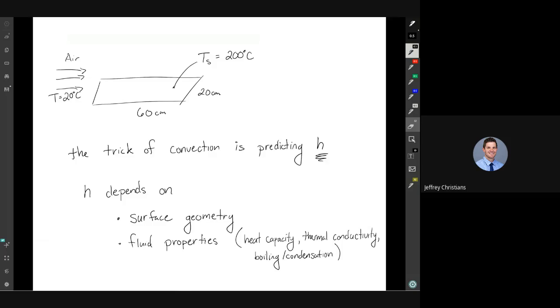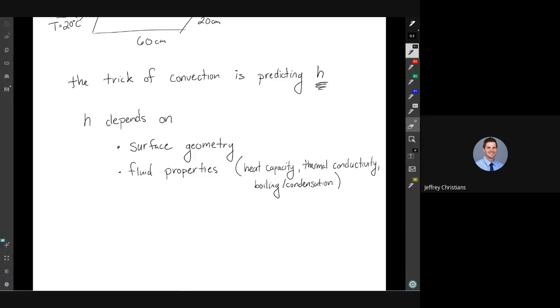So if the fluid is condensing, or it's a liquid and it's boiling as it goes along the surface, that's going to change what H is pretty dramatically, actually. It's going to depend on the nature of fluid motion, whether it's fast or slow or laminar or turbulent, how the fluid is actually moving.